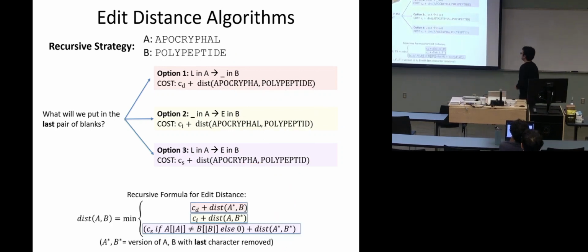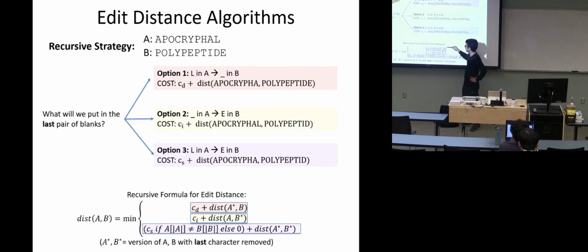So now that basically gives you the recursive formula for edit distance. Let A star and B star be the versions of A and B such that you delete the last character. Now just from this example, you see that you can write it down this way.